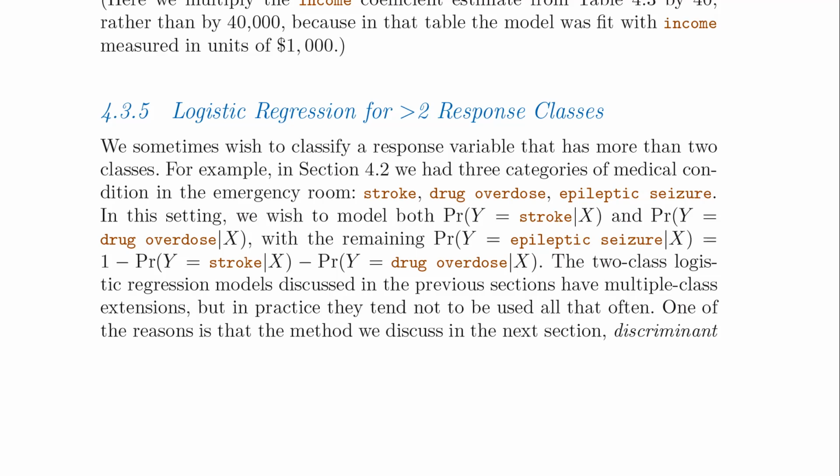X would be the symptoms, right? I think we had discussed at the very beginning of this chapter. With the remaining probability y equals seizure given x. Right, so you can ignore one of them because if you know 2 out of 3, the third probability is simply 1 minus the 2 other probabilities.